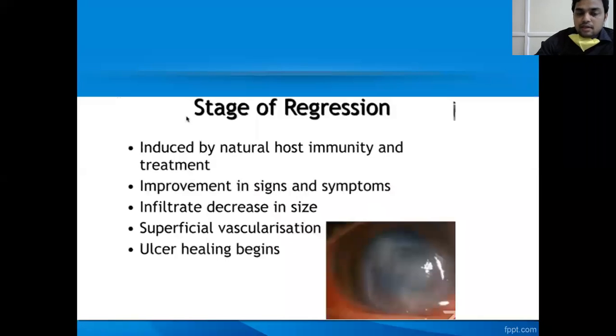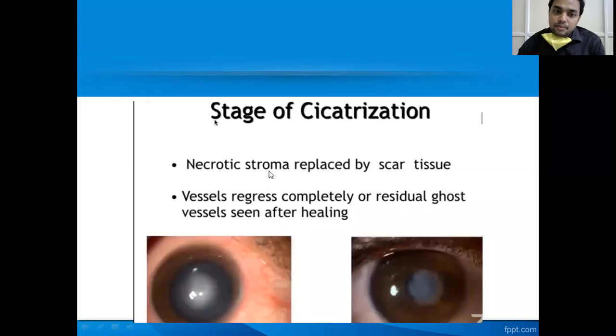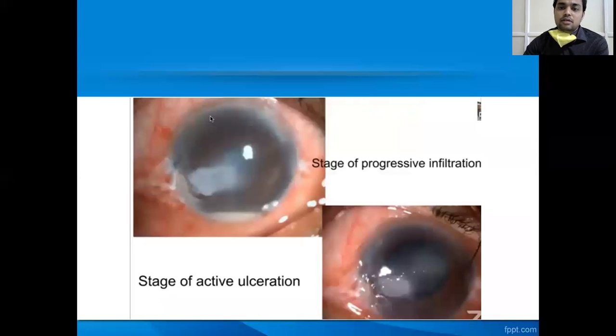Infiltration decreases, superficial vascularization occurs, and ulcer healing starts at this stage. In the last stage, the stage of cicatrization, the necrotic stroma is replaced by scar tissue, and the vessels regress completely and appear as ghost vessels after complete healing of the corneal ulcers.